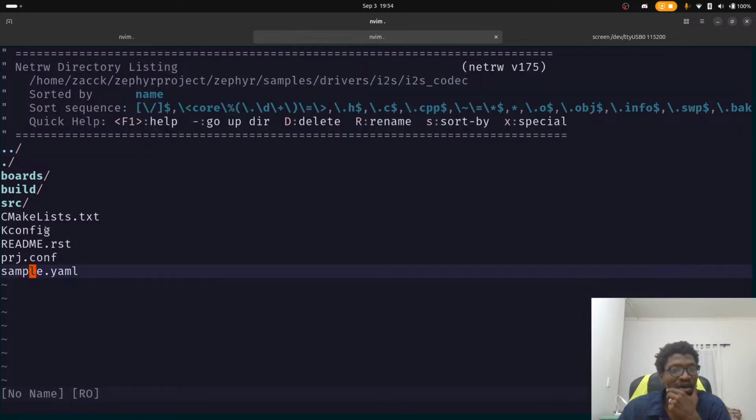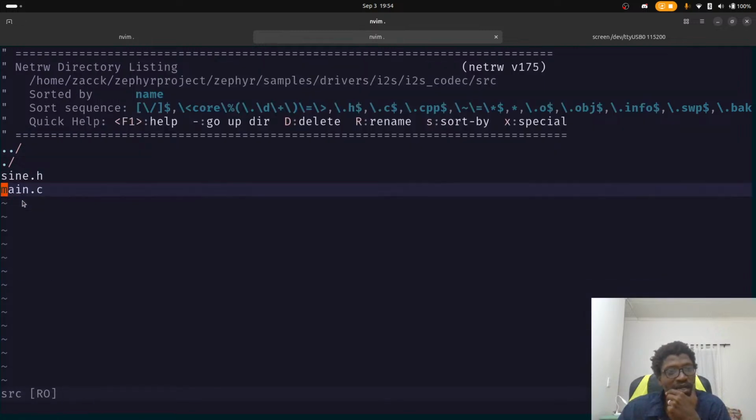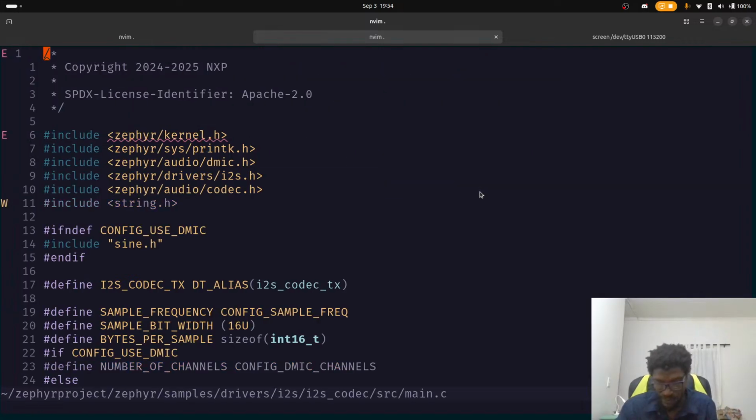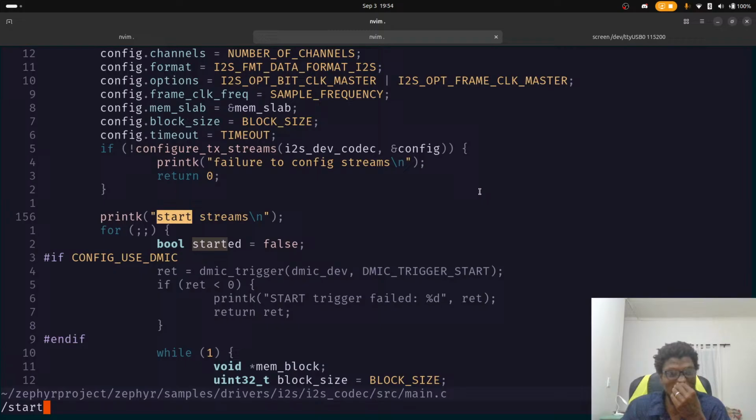I feel like it's in the codec, so let's look at the codec. Start stream, yeah, here. So you see, start stream, and then something in here is going to cause the memory error.